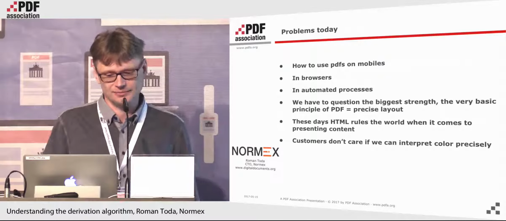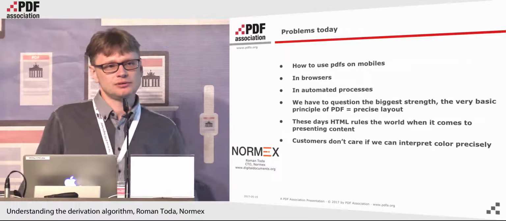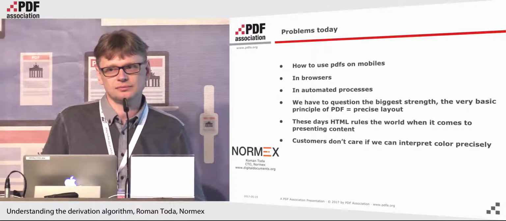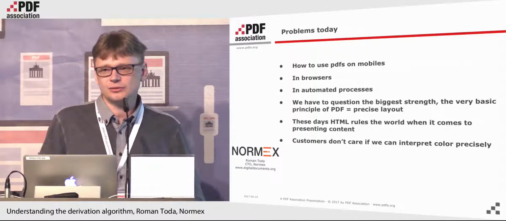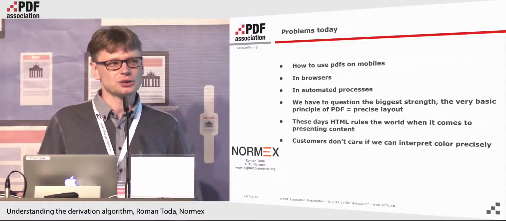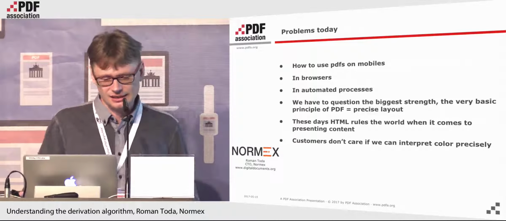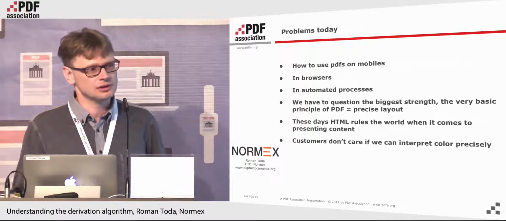So we have to question right now the biggest strength the PDF market sees in a PDF, and that's the precise layout. That's the best implementation we think there is. These days, HTML rules the world.